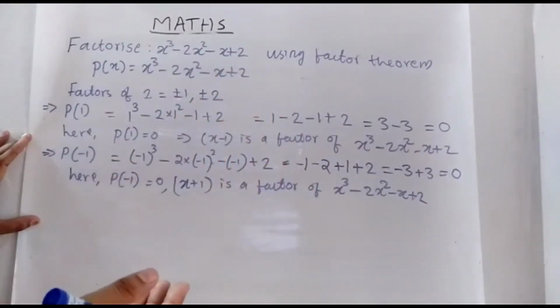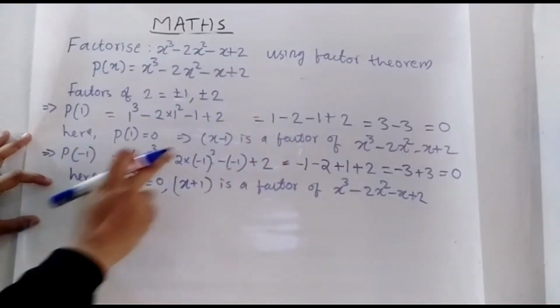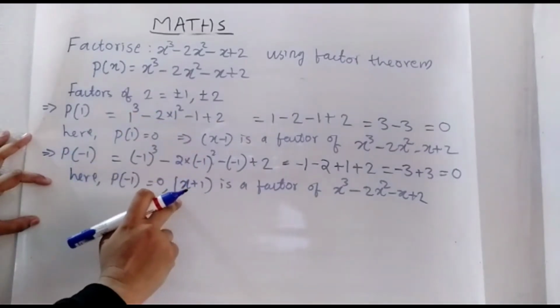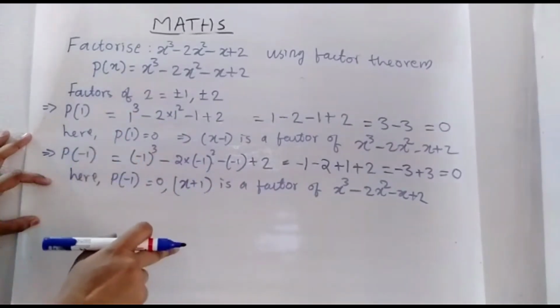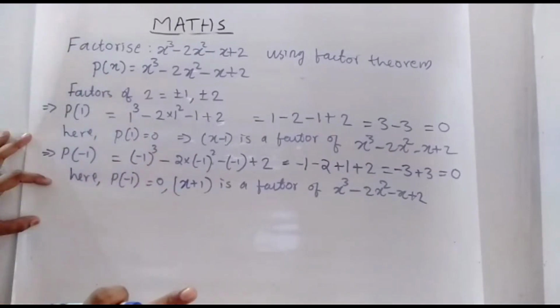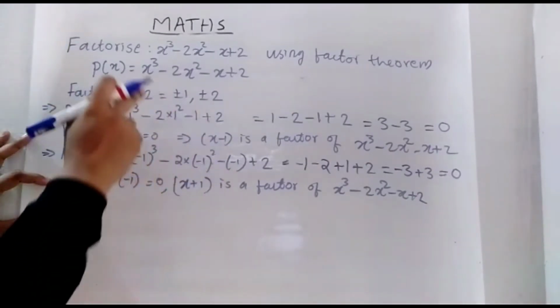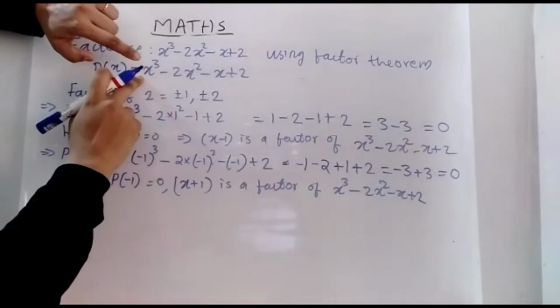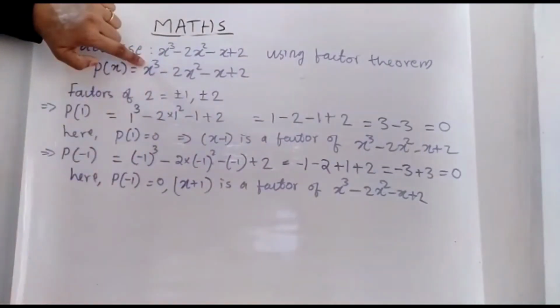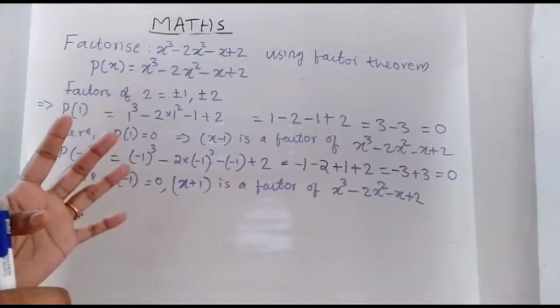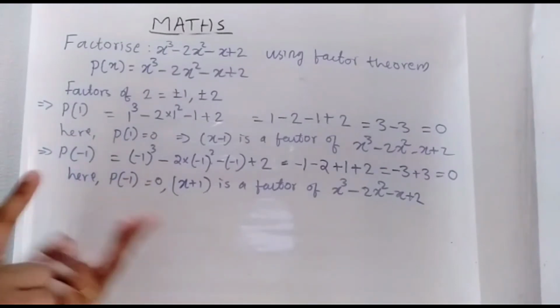What should we do? See, even though we got two factors, we could not stop here because this is not a quadratic polynomial but a cubic polynomial. Clear? For a quadratic polynomial, we will get two linear factors.